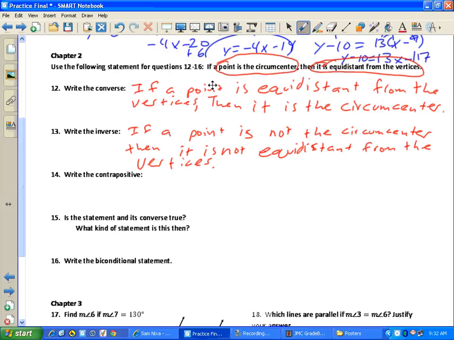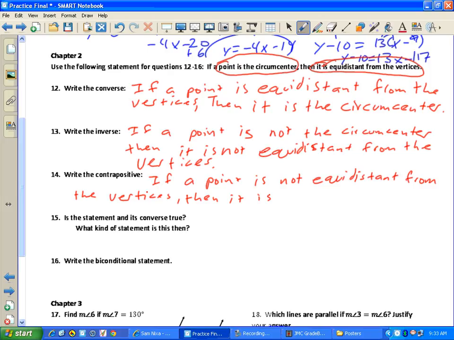For the contrapositive, we do both. So we're going to switch the order and put the word not in there. So if a point is not equidistant from the vertices, then it is not the circumcenter.